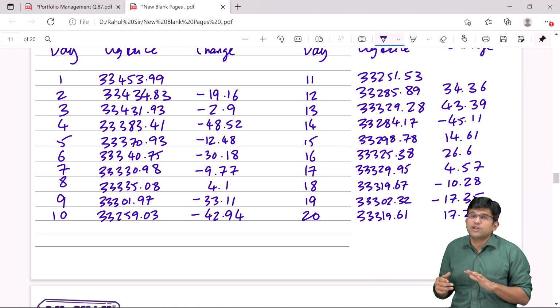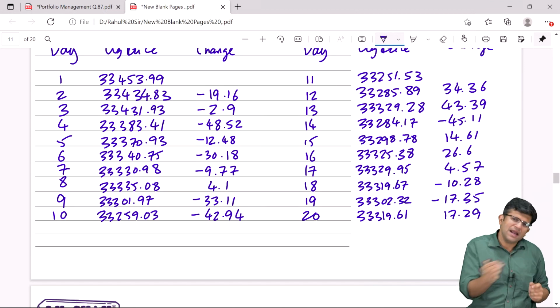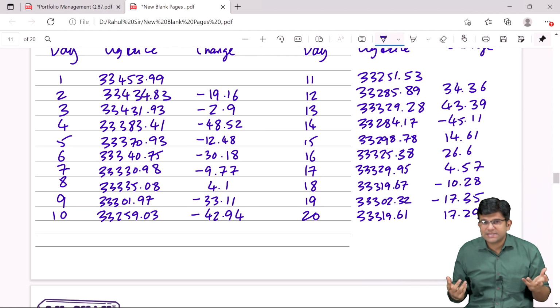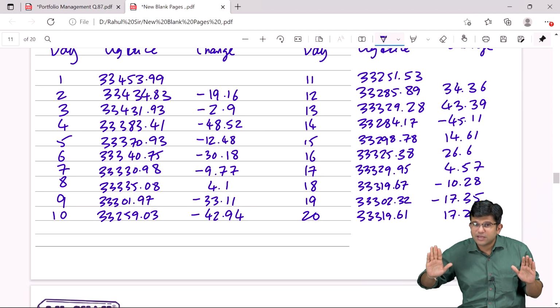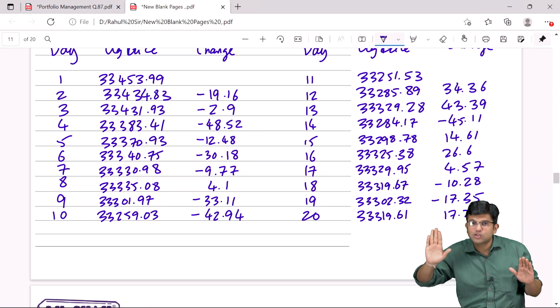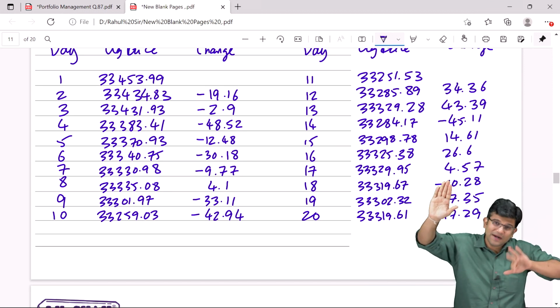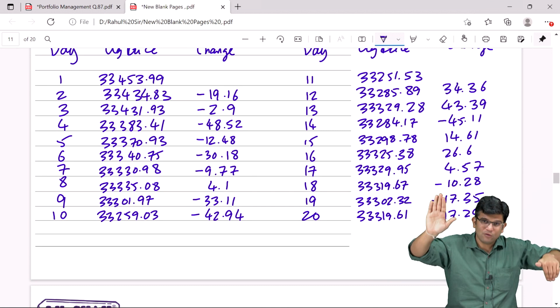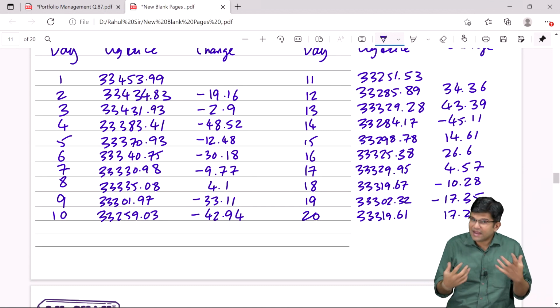If the correlation, however, is negative, let's say near -1, they are going in opposite directions. That means if the share price in the first 10 days is going up, I know that in the corresponding next 10 days it will go down. Negative correlation, right?